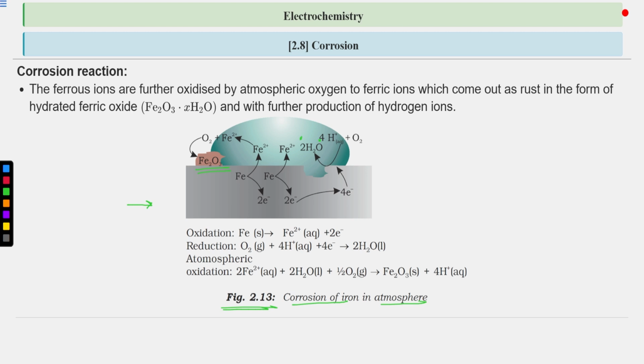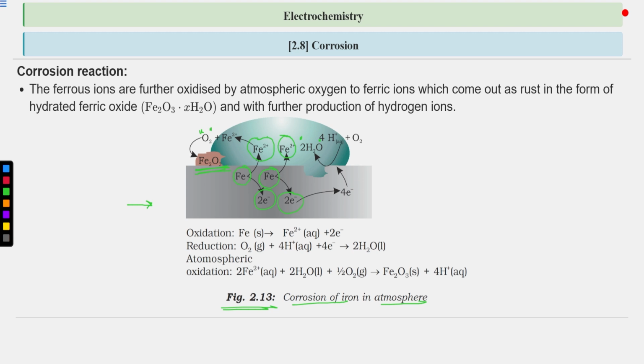Then the Fe atoms which are present inside the Fe metal will release 2 electrons and become Fe2+. Similarly, Fe releases 2 electrons and becomes Fe2+. Now this Fe2+ reacts with the atmospheric oxygen and forms the metal oxide like Fe2O3.